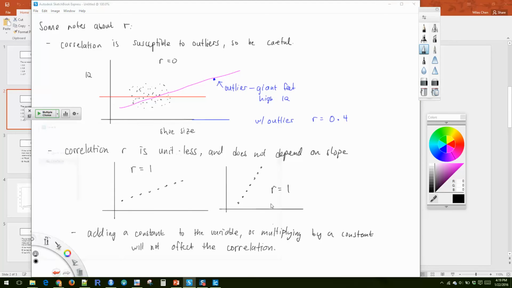So if we add a constant to the entire x column and recalculate the correlation between x and y, there will be no change. If we multiply the entire y column by a certain value and recompute the correlation between x and y, there will be no change.